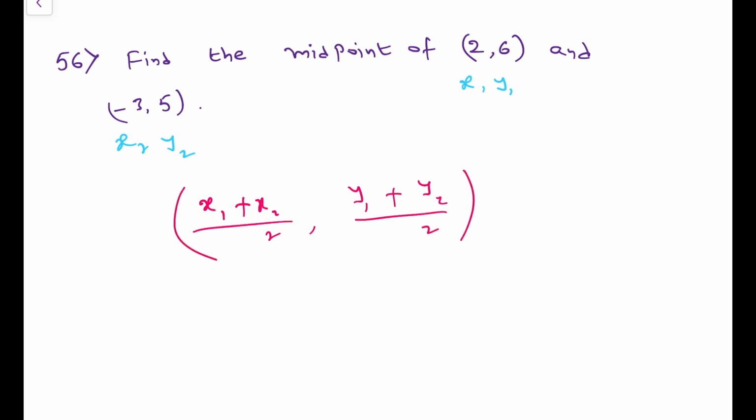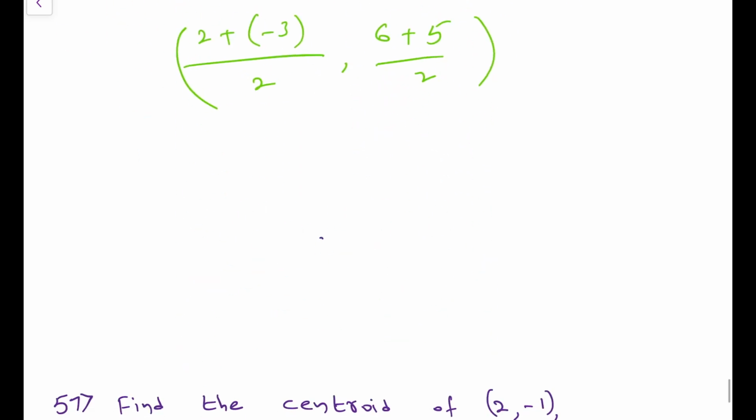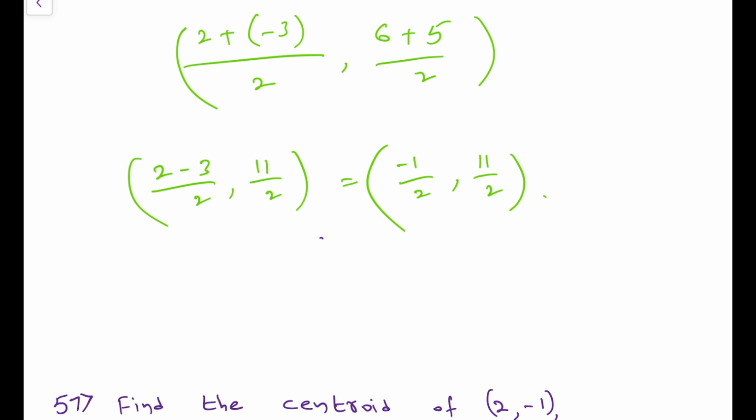Now let us substitute the numbers. x1 is 2 plus x2 is -3, divided by 2, comma, y1 is 6 plus y2 is 5 by 2, which equals 2 plus into minus, minus 3 by 2, comma, 6 plus 5 is 11 by 2, that equals 2 minus 3, which is -1 by 2, comma, 11 by 2. This is the midpoint of the given 2 points.